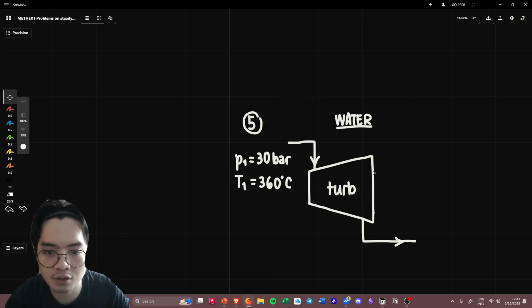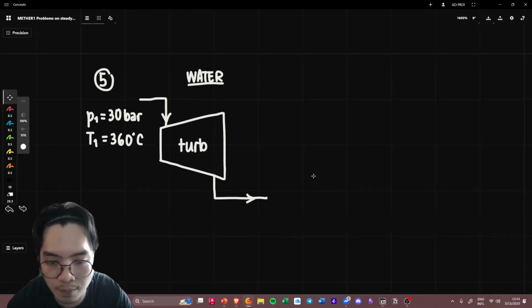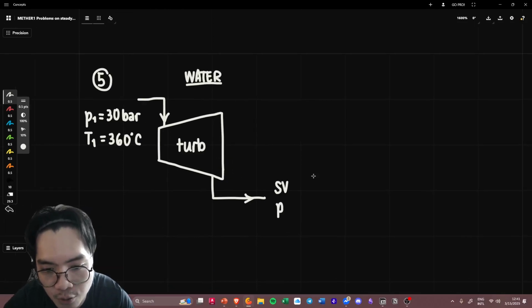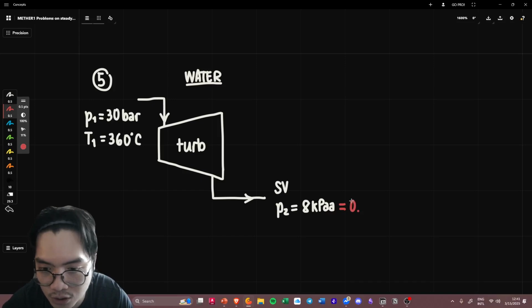So this is a superheated vapor, and then it escapes as a saturated vapor. Even though your pressure 2 is already in kilopascals, which is 8 kPa, mind you, this is very small, you're going to have to turn this into bar, which is 0.08 bar.